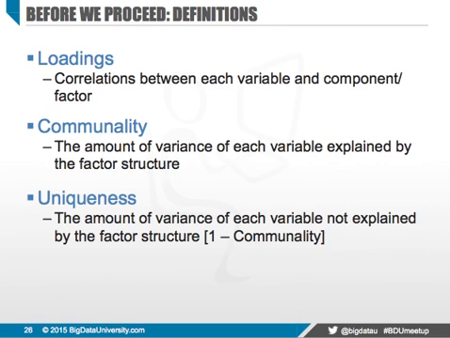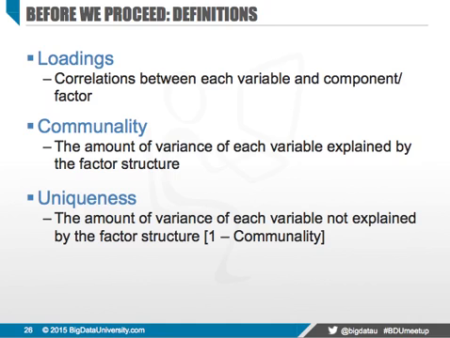Finally, here are some definitions that will come in useful, especially once we start interpreting the output. The loading is the correlation between each variable, each dimension that you have, and a larger component or factor. The communality is the amount of variance of each variable explained by the factor structure.